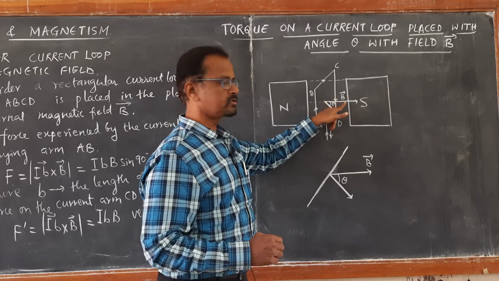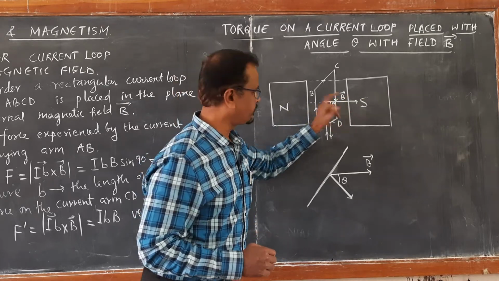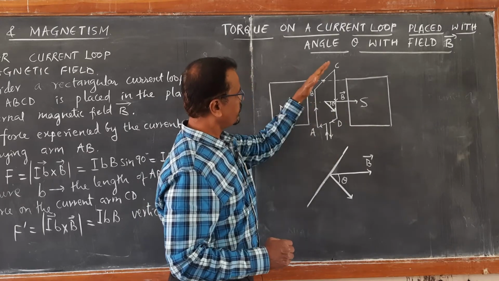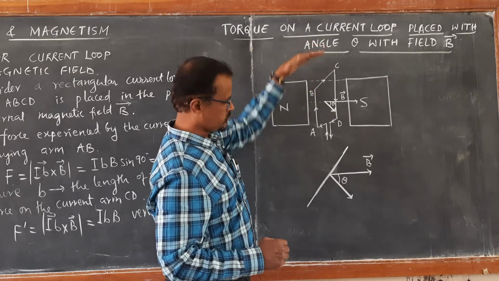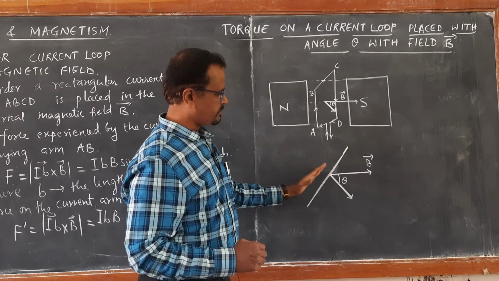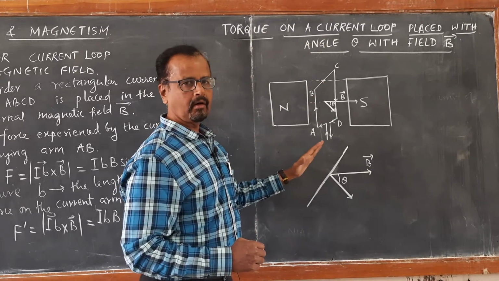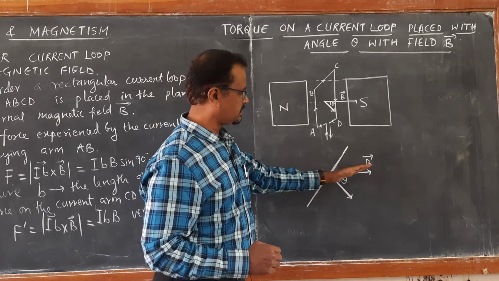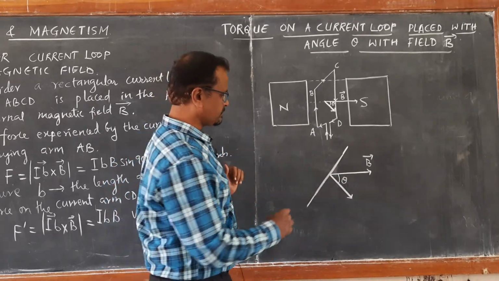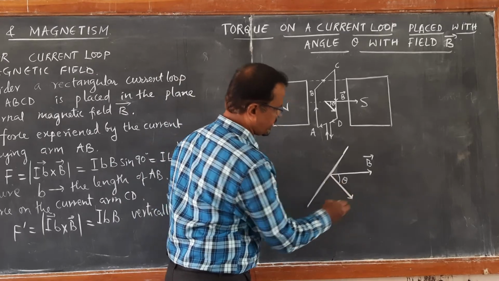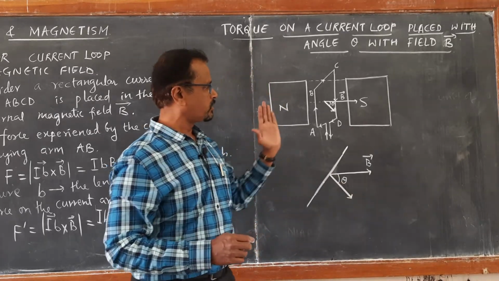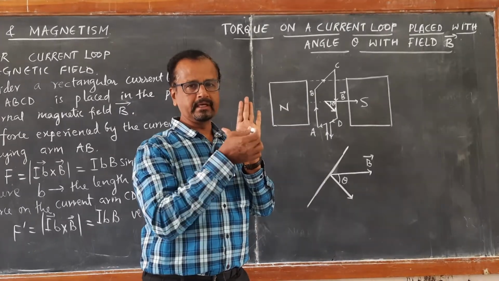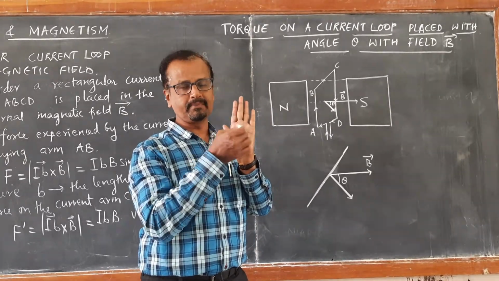This shows the direction of the B vector, that is, the magnetic field vector. And the same thing is shown like this when you are seeing from the top. So, this is the top view. This represents the plane of the rectangular loop carrying current, placed at a certain angle theta with the magnetic field. And actually we take the angle theta with respect to the normal drawn to the plane. The normal which is drawn to the plane represents the area vector of the plane.